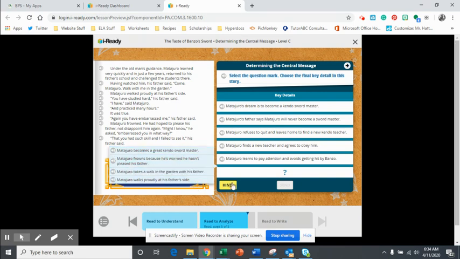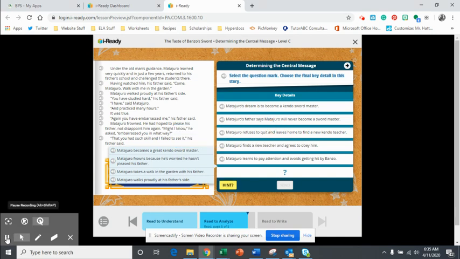All right? And our hint tells us which of these key details is an event that all other key details in the story has led to. So it's kind of like, remember when we drew the cause and effect chart? It's kind of like everything is leading up to this last key detail. All right? And remember, focus on the final.